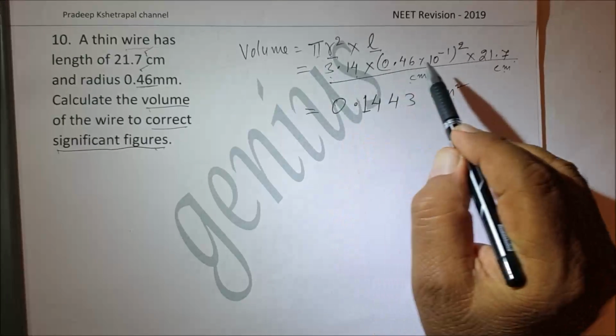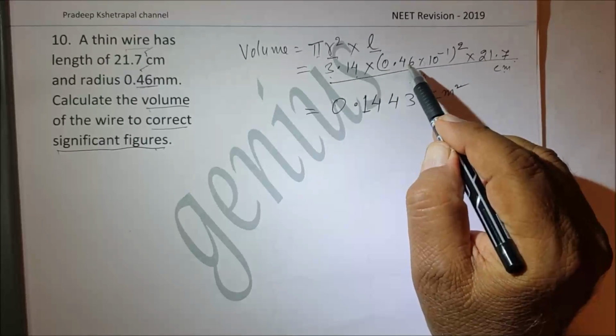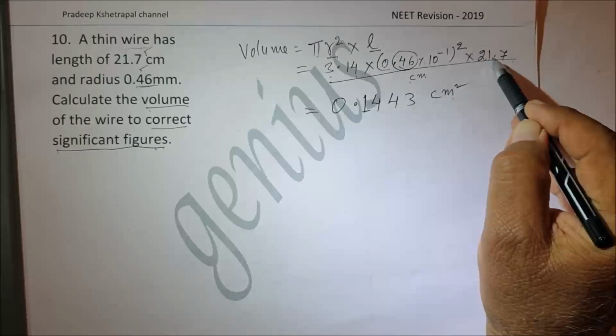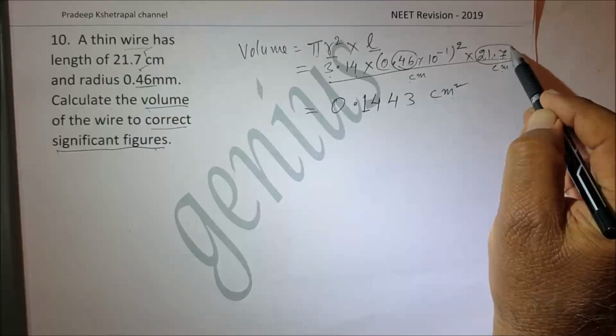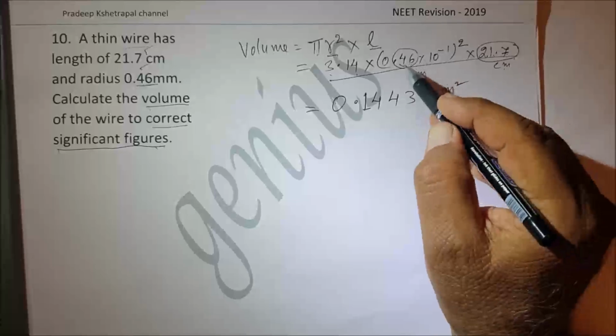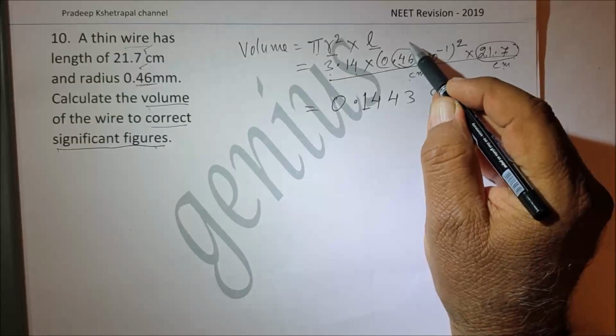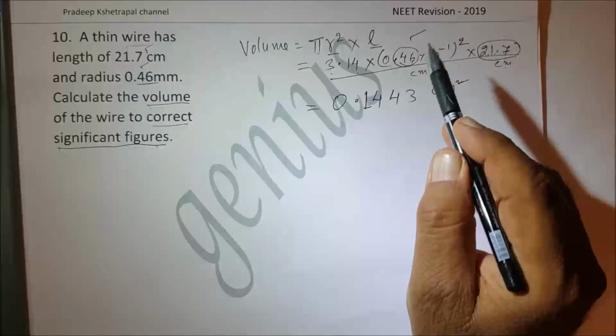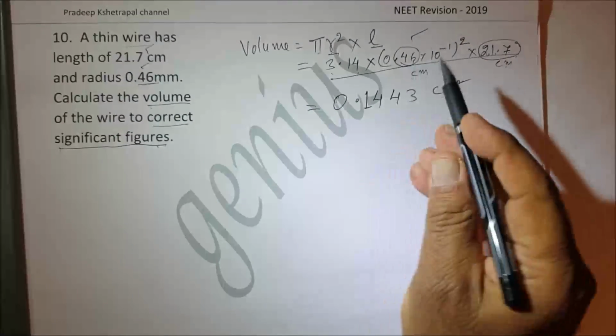Anyway, R has 1, 2 significant figures. L has 1, 2, 3 significant figures. So which are the minimum significant figures? Answer, 2 minimum significant figures in one quantity. Therefore, answer will also have 2 significant figures.